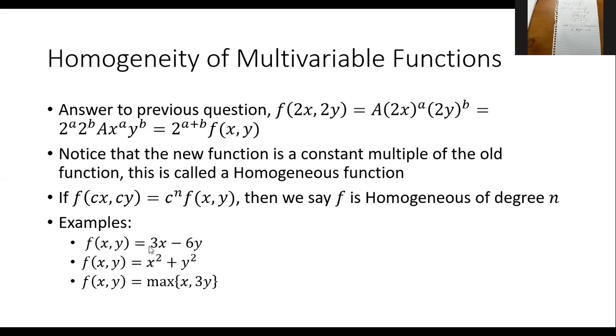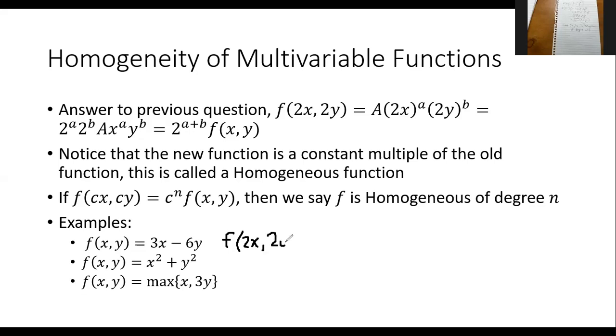So here are some examples. Here's a very simple example. This is a homogeneous function. You see why this first one is homogeneous? What would happen if I doubled x and y? 2x and 2y.